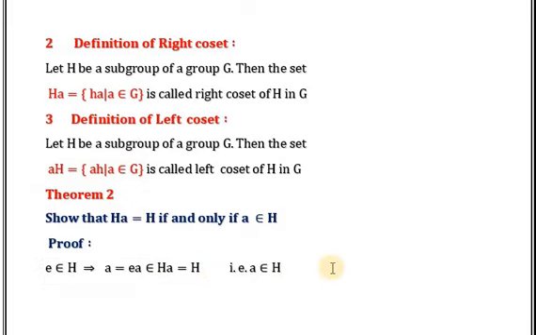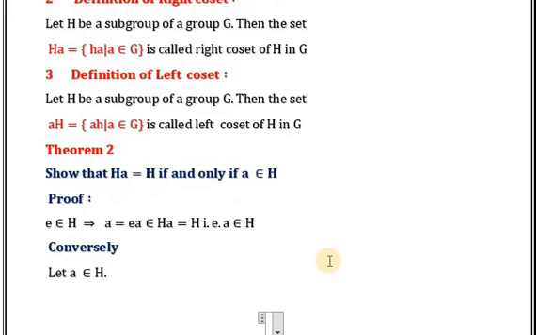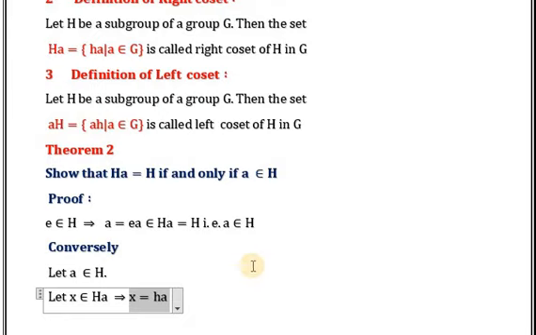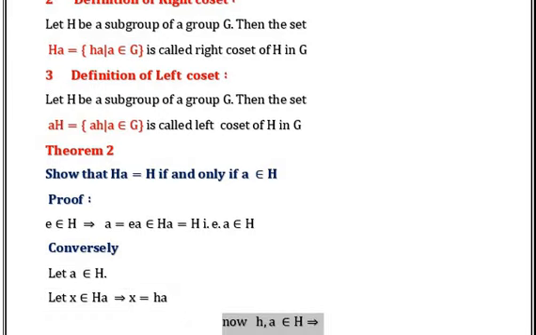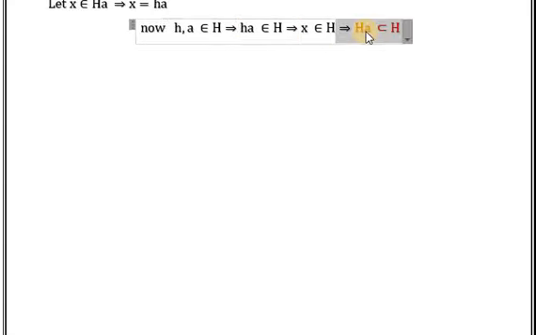Conversely, let us take A belongs to H and prove that HA is equal to H. Let X belong to HA, which implies that X is equal to HA. Why? H comma A belongs to H. That implies HA belongs to H, which again implies HA, that is X, belongs to H. So HA is a subset of H. We have taken X belongs to HA, which implies X is equal to HA.